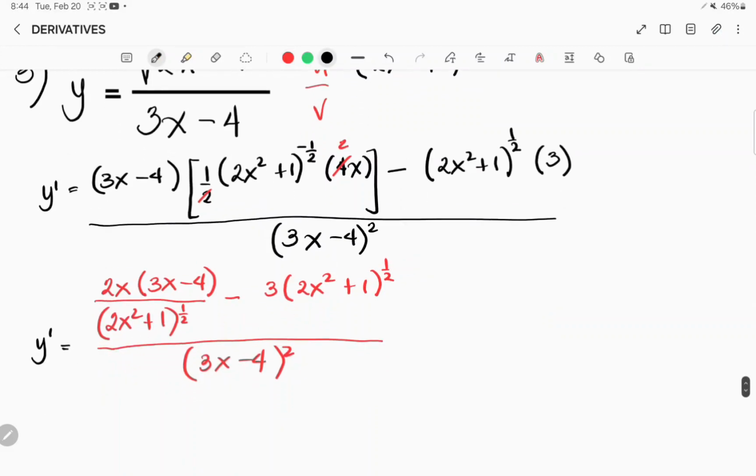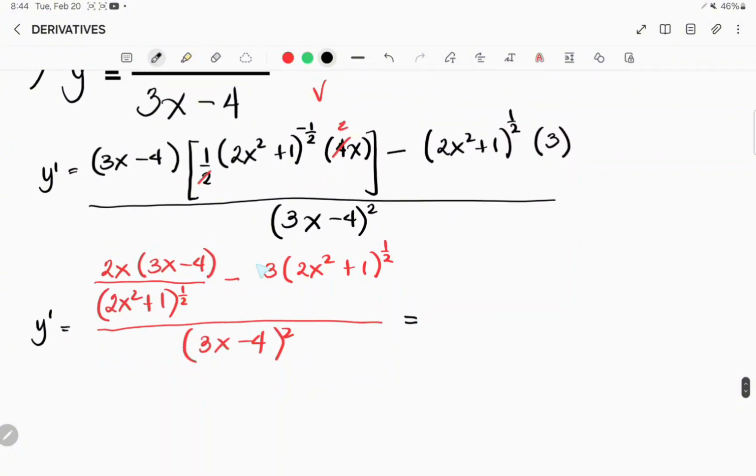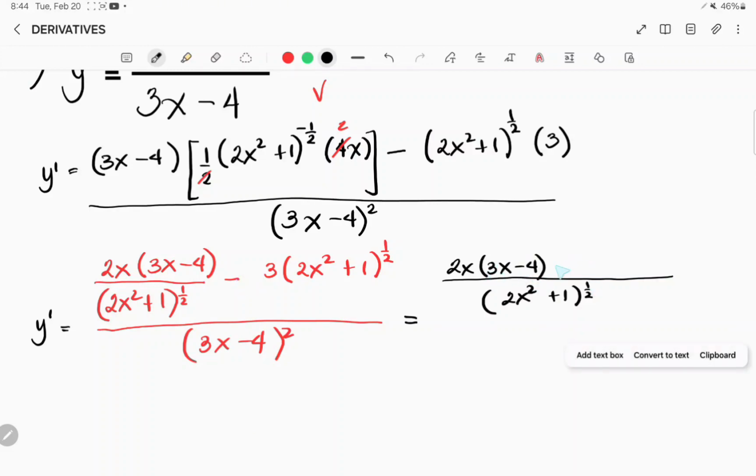So as we simplify the numerator, we have to get the LCD, and the LCD of this denominator is 2x squared plus 1 raised to 1 half. So we have 2x squared plus 1 raised to 1 half, and dividing this LCD here, it will give us 1 times the numerator, which is 2x times 3x minus 4, minus, dividing this numerator by 1 here in our denominator, it will give us 2x squared plus 1 raised to 1 half times the numerator.